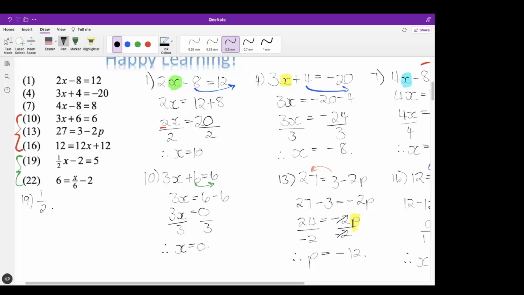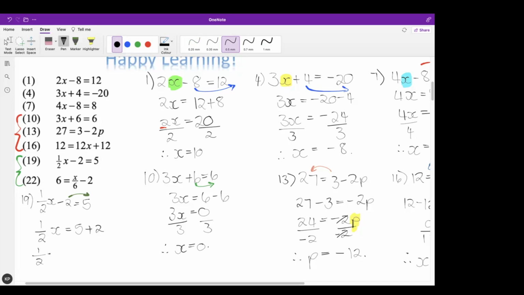A half of x minus 2 is equal to 5. Okay. My first step is to take the 2 over. It is possible to start with the fraction first, but I'm choosing to take the 2 over. So then I have 5 plus 2 on my right-hand side.